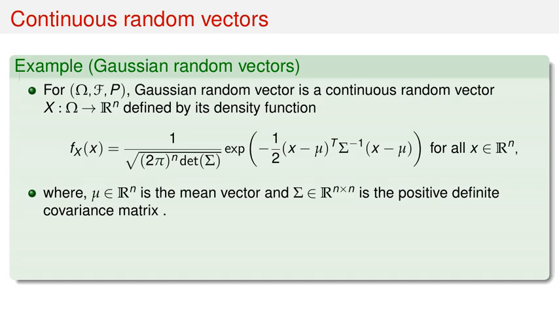Here mu in R^n is the mean vector and Sigma in R^{n x n} is the positive definite covariance matrix.